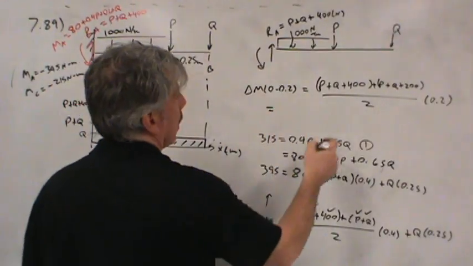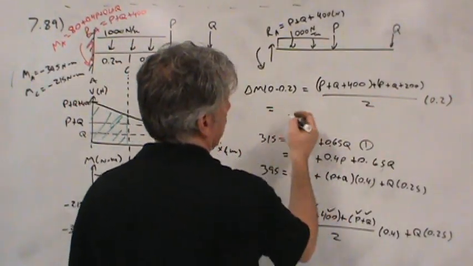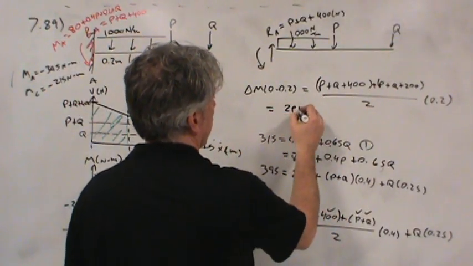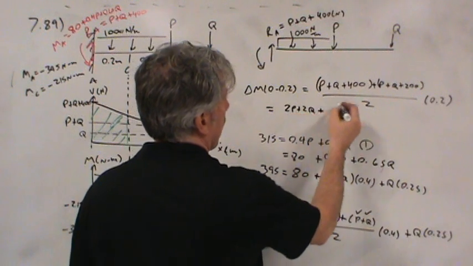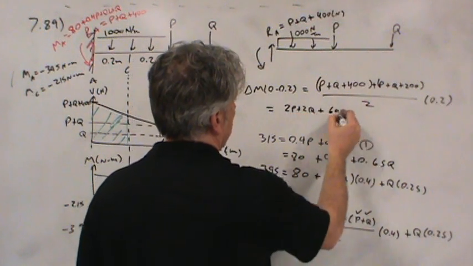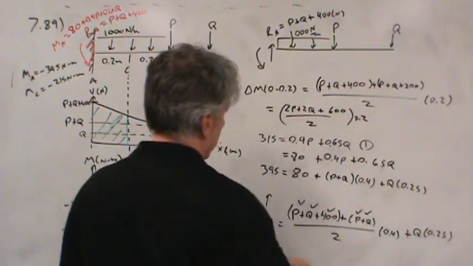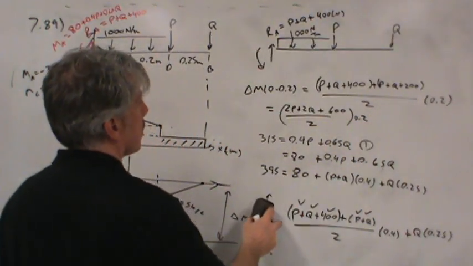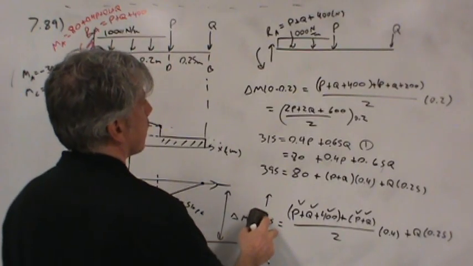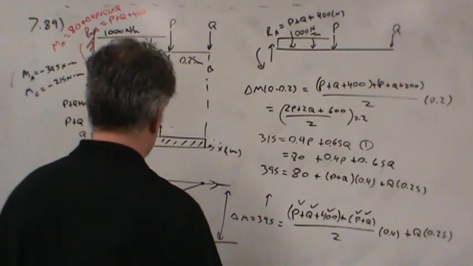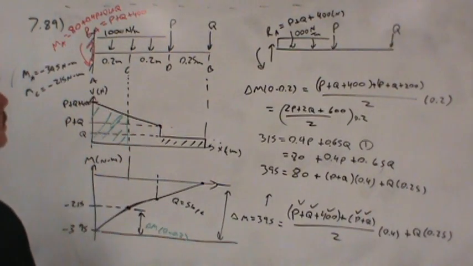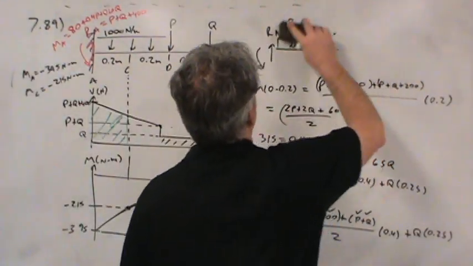So we have, let's see, 2P plus 2Q plus 600 all over 2, times 0.2. And I'm going to run into this equation, so I don't want to erase that. I guess I've got to sacrifice this.